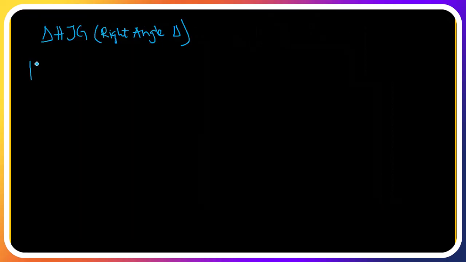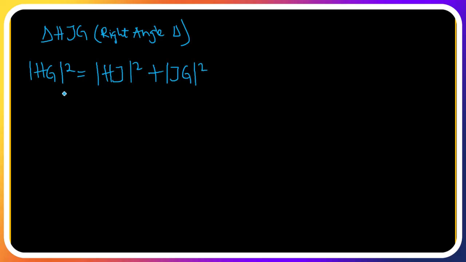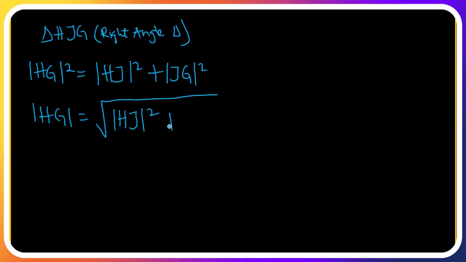HG squared equals HJ squared plus JG squared. Now since we are calculating for HG but not HG squared, HG is the square root of HJ squared plus JG squared.